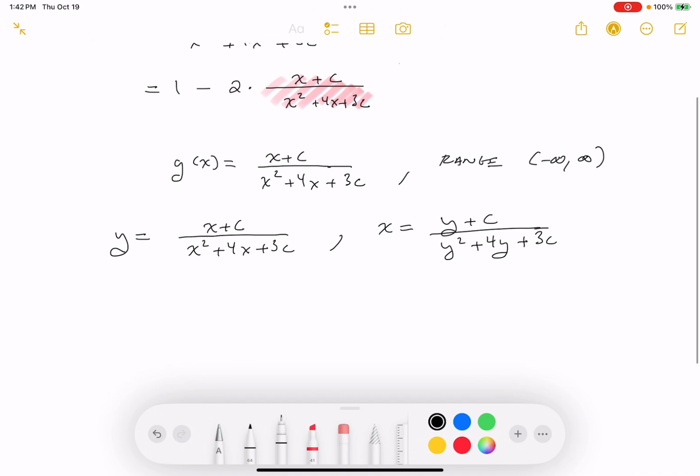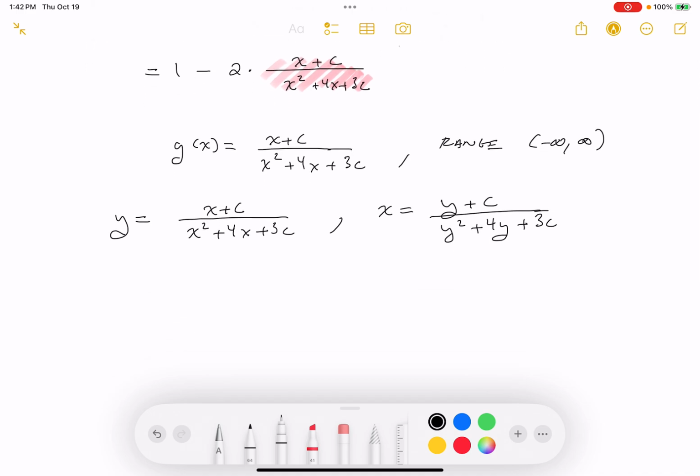What I need to do is try to solve for y now. And it looks like it's going to be quadratic, but I've got to work on that. And you're going to get xy squared plus 4xy plus 3xc equals y plus c.